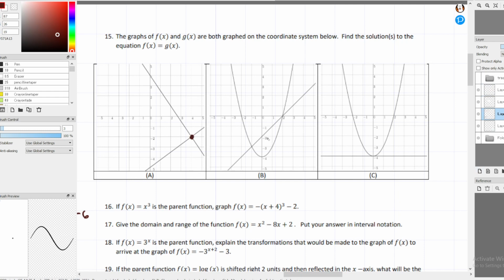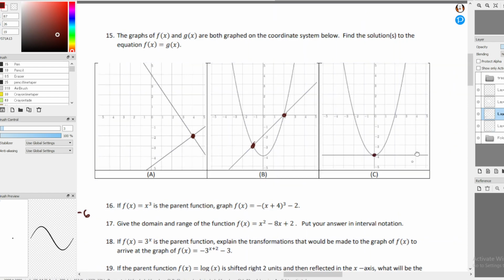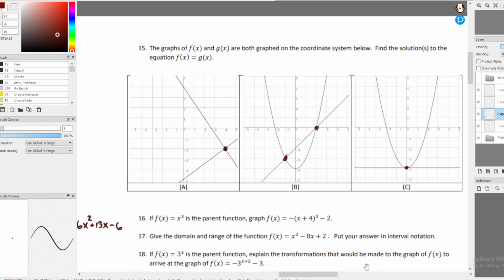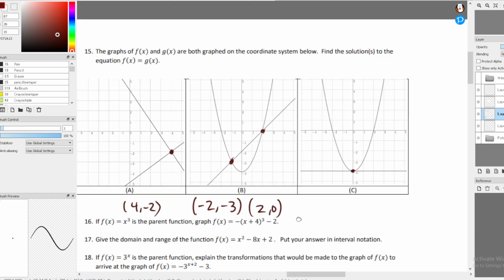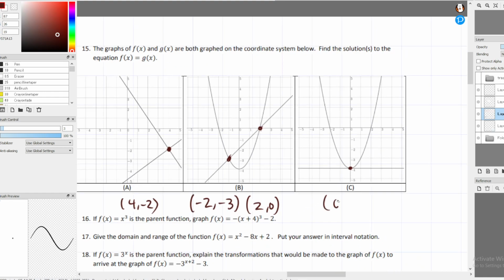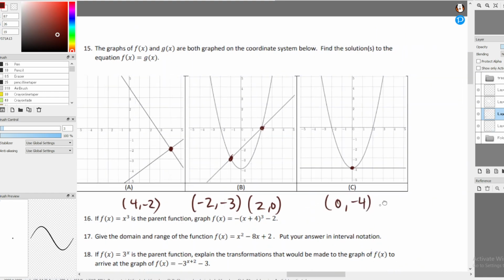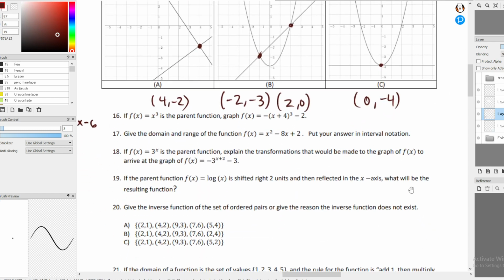So we have a point here, 2 points here, and 1 point here where they hit. So for A, our answer will be 4, comma, -2. That's where that point is. For B, we'll have 2 answers, and one will be -2, comma, -3, and the other will be 2, comma, 0. And then for the last one, we will have 0, comma, -4. And that is the answer for 15.